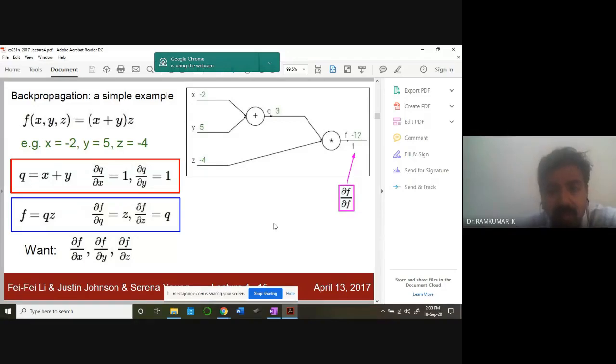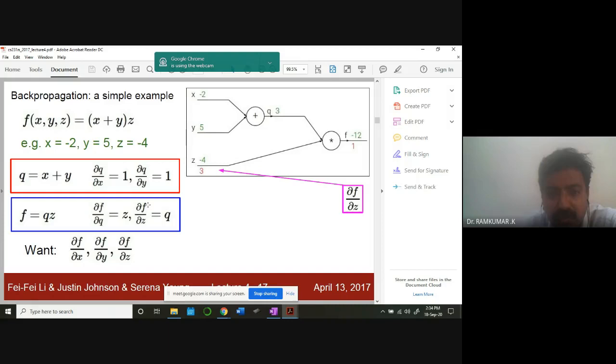Okay. Then what do you do? You work out dou f by dou z. You can compute that. That value is going to be 3. Why is it 3? It's obvious, okay? Dou f by dou z is equal to 3. Why? It's going to be equal to q. What is q? x equal to -2, y equal to 5.